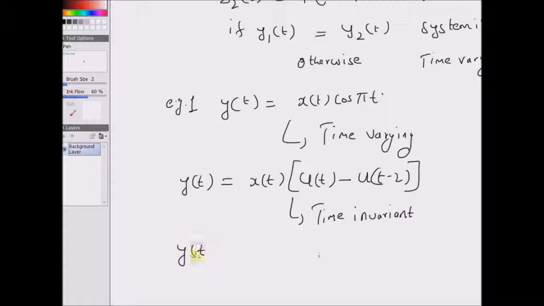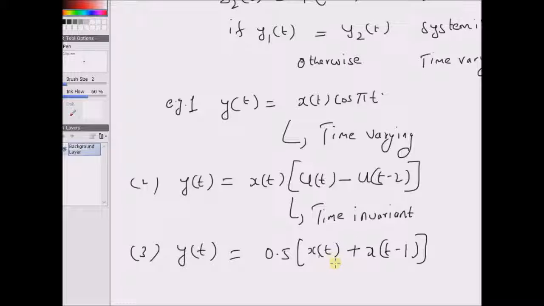Now let us look at another example. Y of t equal to 0.5, that is half, multiplied by x of t plus x of t minus 1. It is basically an average of x of t with x of t minus 1, its delayed version. For this case, let us look at the Python code.